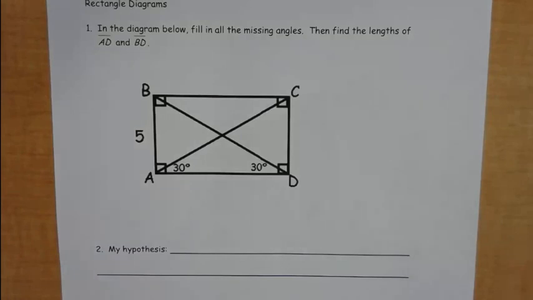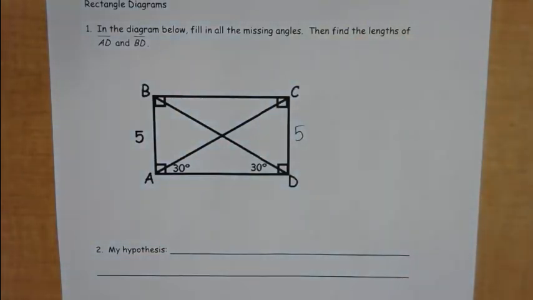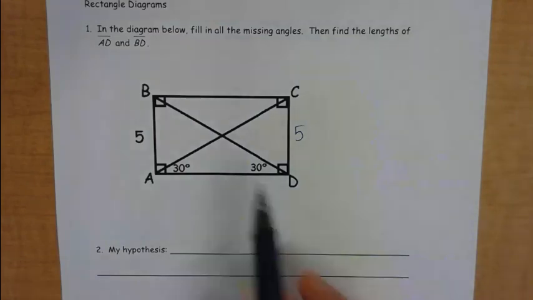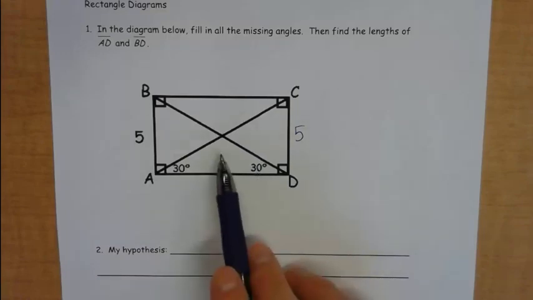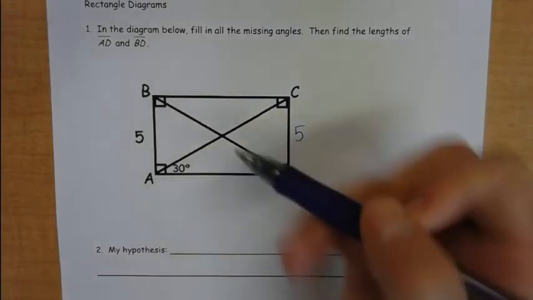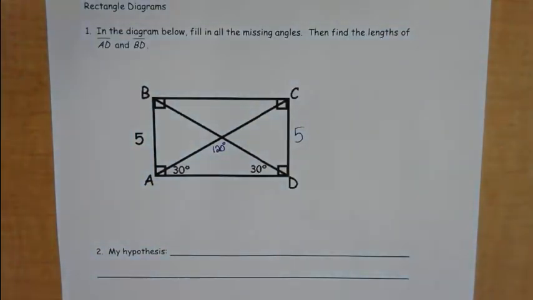The first thing I would do is try to fill in as many missing angles and sides as I can right away. First, I know that we have a rectangle, so across from our 5, we also have a 5 right there. Next, we have a 30 and a 30-degree angle there, so there would only be 120 degrees left over in this triangle for that angle right there.